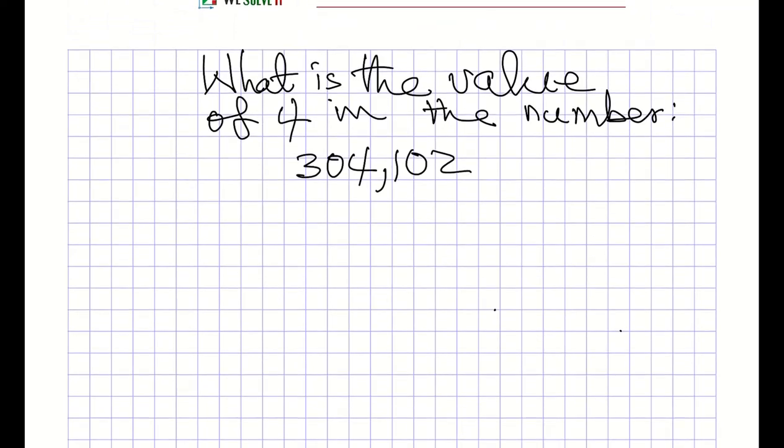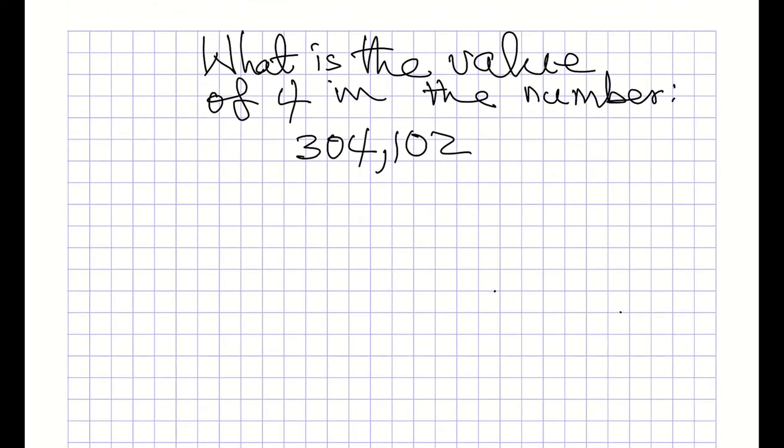One more. What is the value of 4 in the number 304,102? Now you proceed the same way. Where is 4? 4 is right there. Notice that this represents thousands, right?